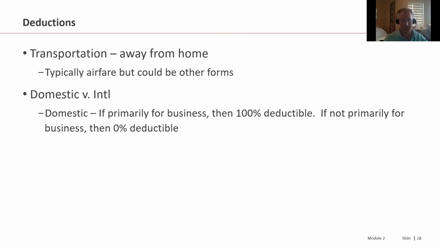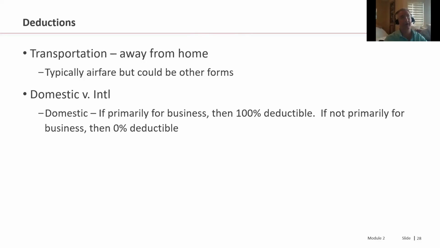So if it's domestic transportation and your trip is primarily for business, then it's 100% deductible. If it's not primarily for business, then it's 0% deductible. So what does it mean to be primarily for business? Well, typically you'd look at the trip and add up the number of days you spend on business versus the number of days you spend personal.